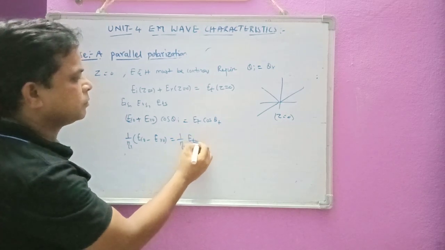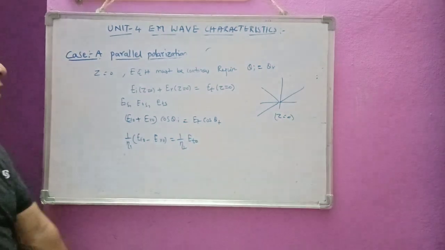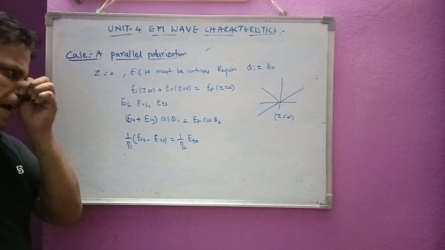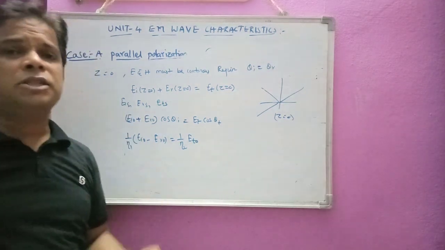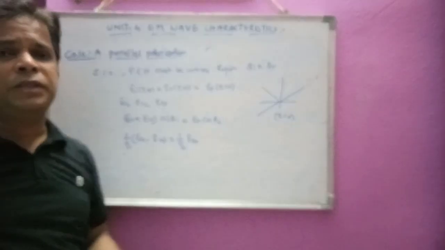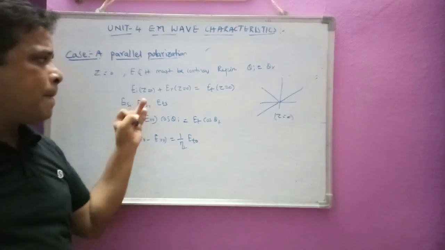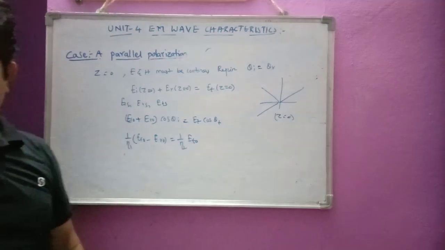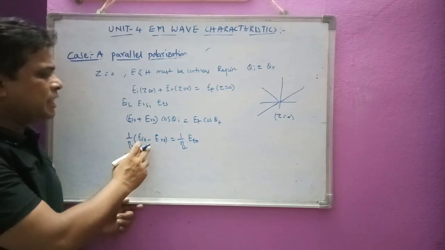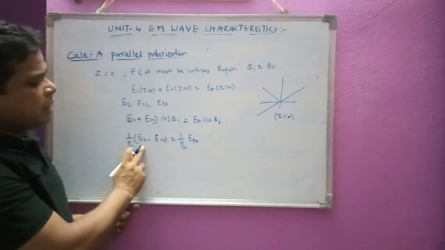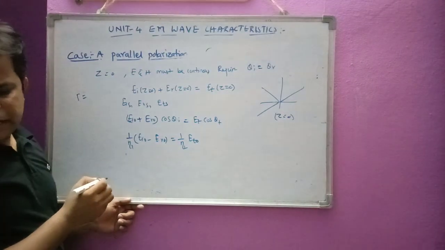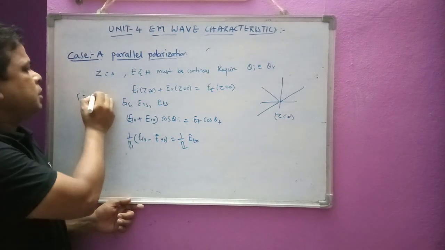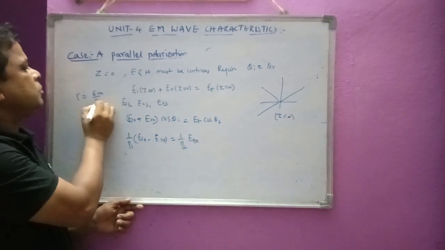Now we are going to make use of these two equations, and we have to find the reflection coefficient gamma for the parallel polarization. We know that the reflection coefficient is the ratio of ER0 to EI0.